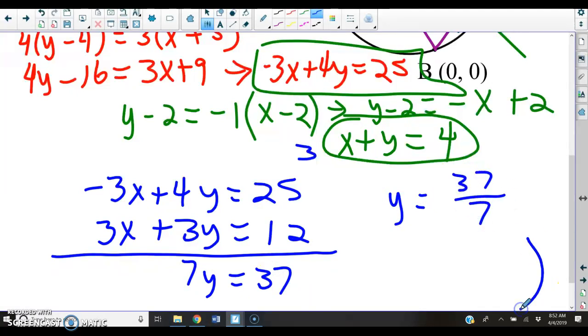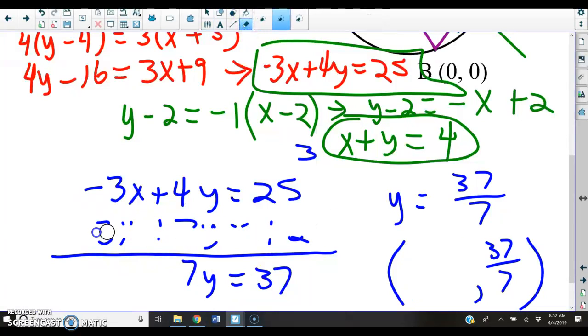So that's the y of my center. Go back and figure out x. x looks like it's going to be a negative. I think I will go back and multiply that equation by negative 4 to eliminate y's rather than using substitution.